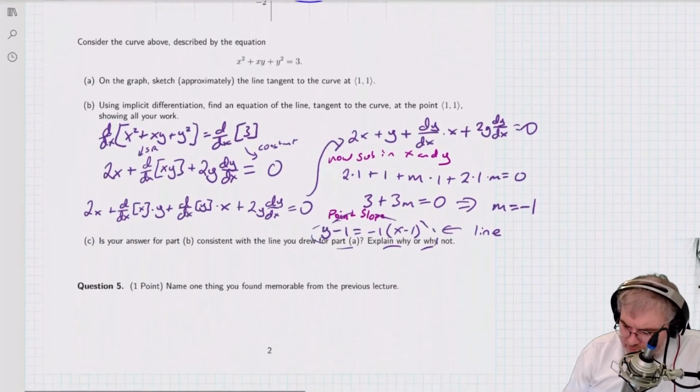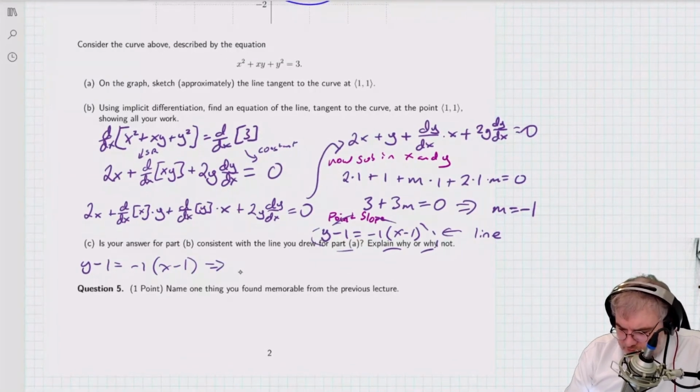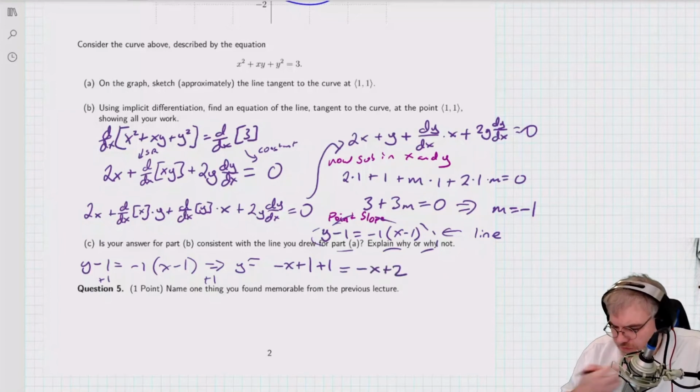Because our answer for part B was y minus 1 equals negative 1 times (x minus 1), which is the same thing as, move the 1 over to this side, multiply it out, so I get y equals negative x plus 1 plus 1, which is the same thing as negative x plus 2.